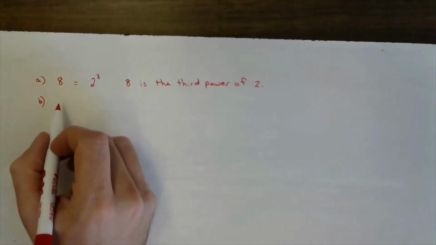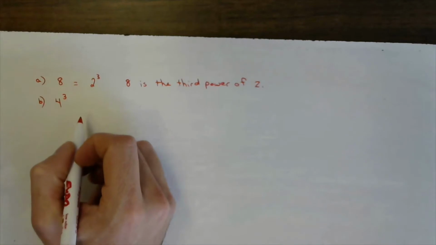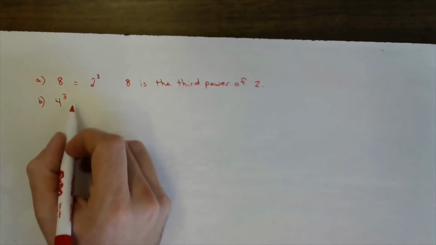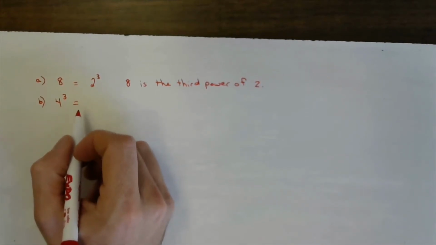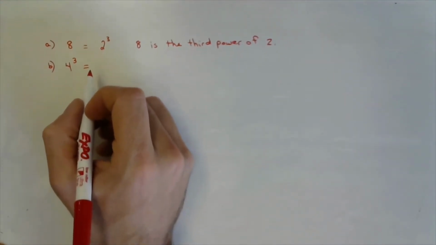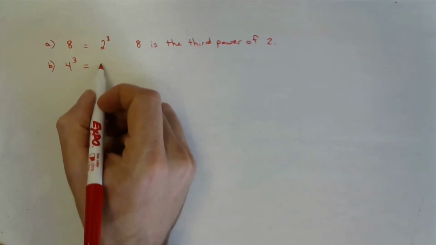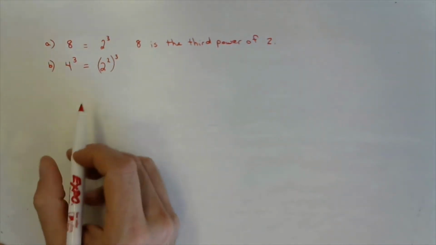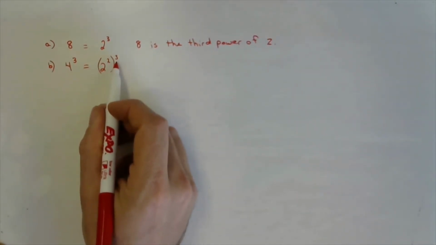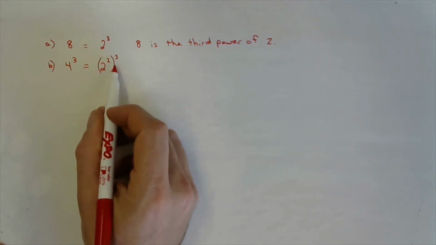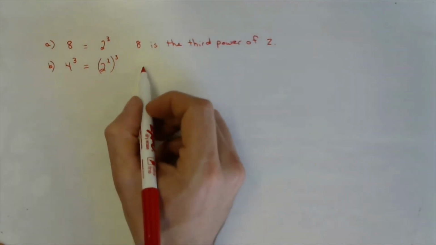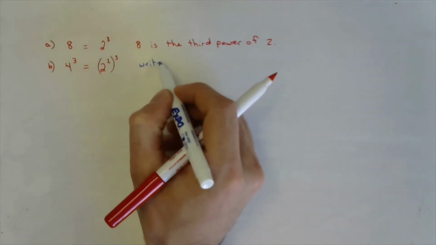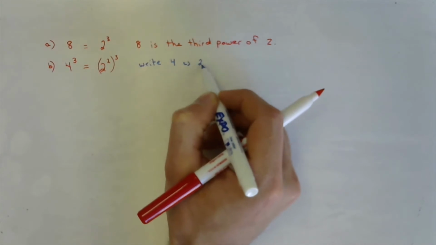Second one is 4 to the power of 3. And we want to express that as a power with a base of 2. So this is just like the warm-up that we did. All you need to do is express 4 as a power with a base of 2, in which case you have 2 to the power of 2, to the power of 3. Step 1 is write 4 as 2 to the power of 2.